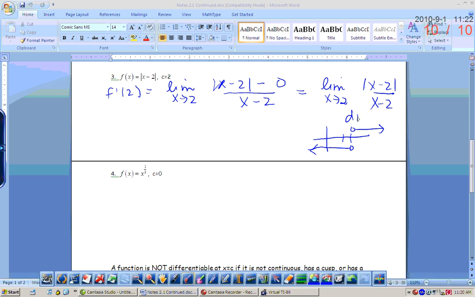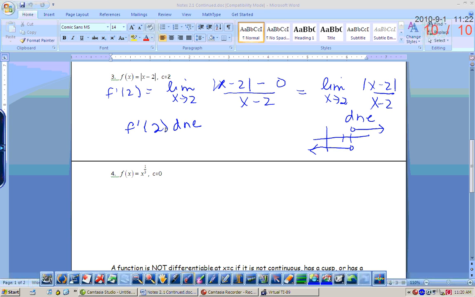So if the limit doesn't exist, then f prime of 2 does not exist. On a test, if you wanted to plug this into your calculator and look at the table or the graph, absolutely. I just was trying to save a little bit of time, and I figured a couple of you would recognize that.